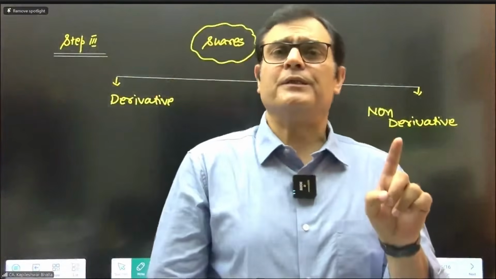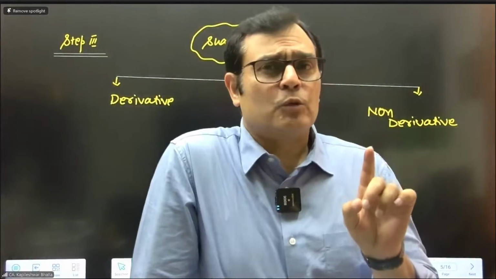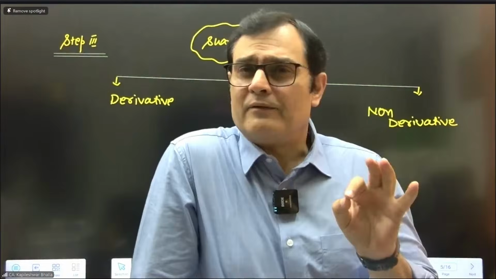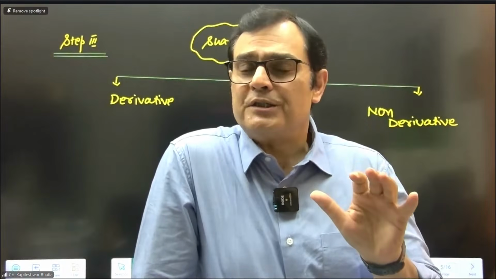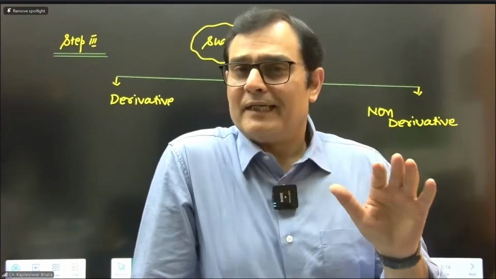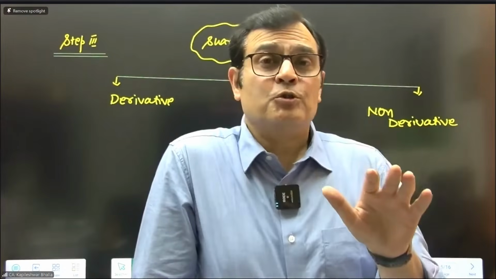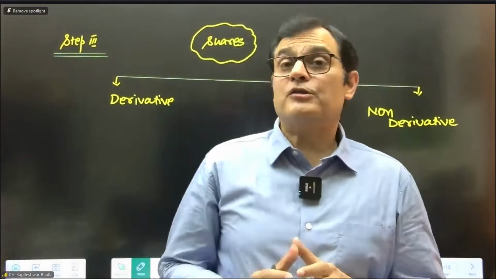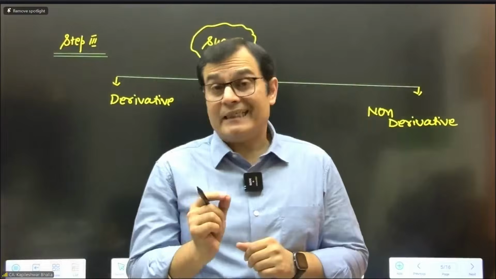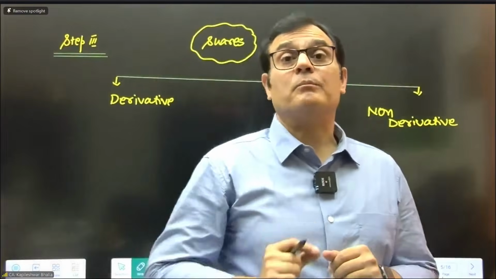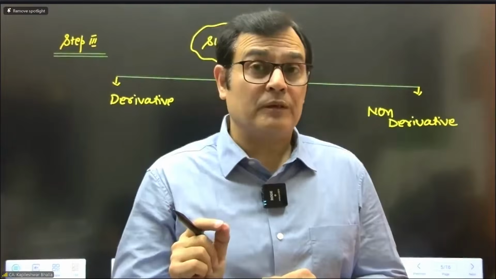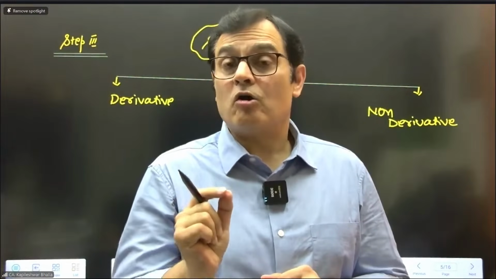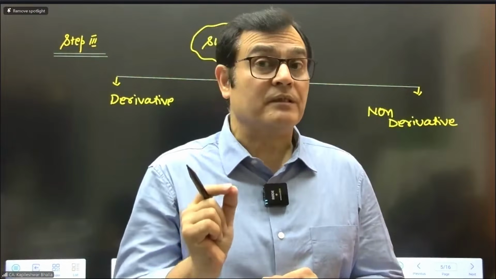Immediately your mind should tell you that there are a total of 3 parameters. I've got a tendency of telling every time 3 steps, 3 elements, and that's just a chance. So you should be able to recall that a derivative has 3 parameters. If any one parameter is not met, it's not a derivative. You need to meet all 3 parameters to call a contract or an instrument derivative in nature.